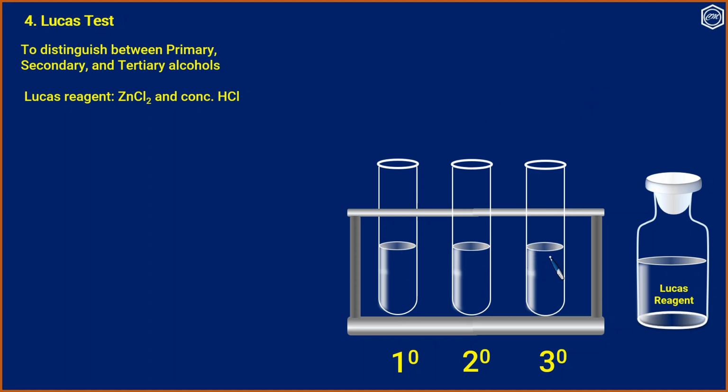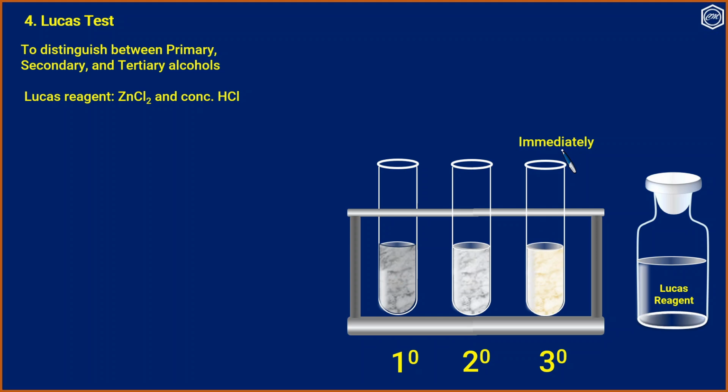In the case of tertiary, a turbidity appears immediately. For secondary alcohol, the turbidity will be obtained after 2 to 5 minutes. But for the primary, it takes a long time. So tertiary, we get turbidity immediately. For secondary, within 2 to 5 minutes. And for primary, a long time, after heating.